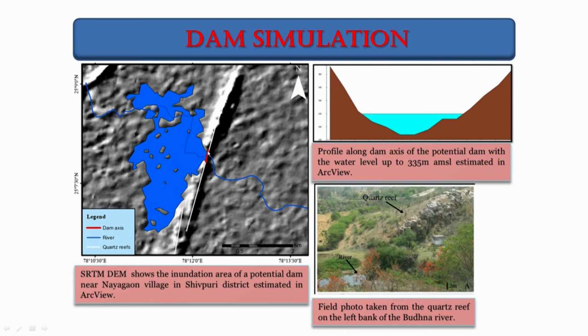Once the height of the reservoir is decided, we can simulate on a GIS platform the inundated area if this reservoir comes. Nothing has happened on the ground; this is completely modeling and simulation of what is going to be.